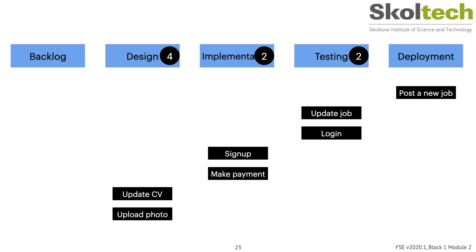And the answer is no, because the number of items in implementation is already 2 and the work in progress limit is 2 as well. To move the sign up feature to testing, we have to deploy update job to login first.